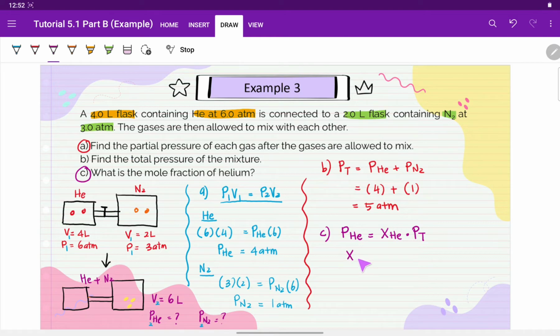So, mole fraction of helium adalah sama dengan, saya rearrange dulu kita punya equation dekat sini. Partial pressure of helium over P total. Okay. So, substitute nilai. Partial pressure of helium 4. Total adalah 5. So, the mole fraction will be 0.8 without any units. Okay, so that will be example 3.